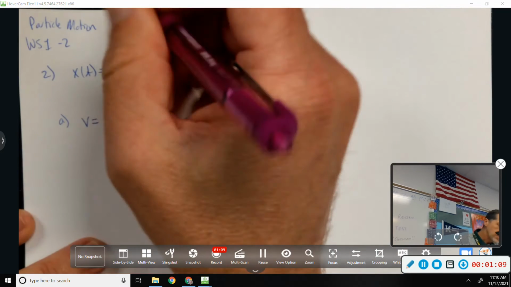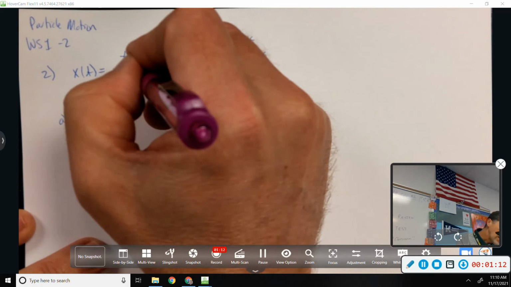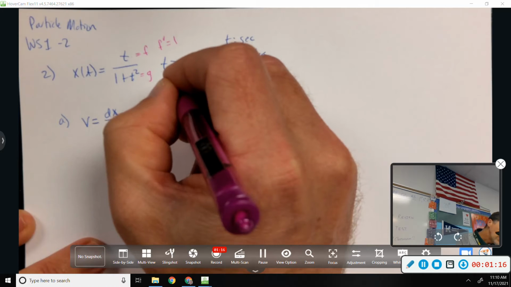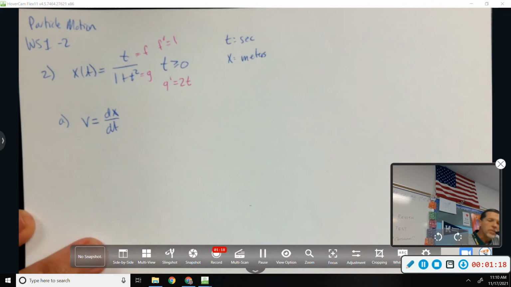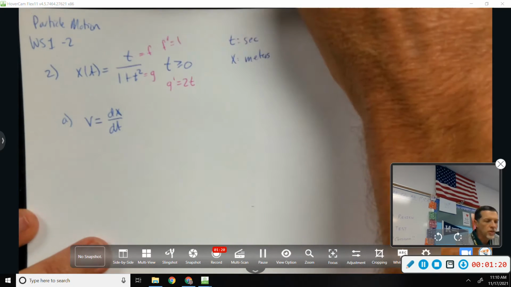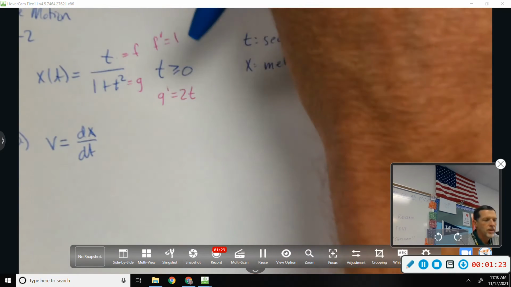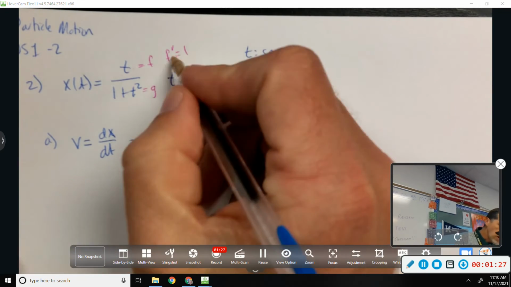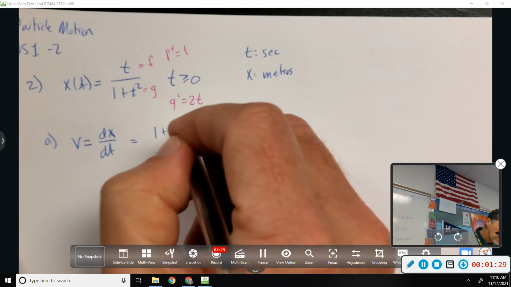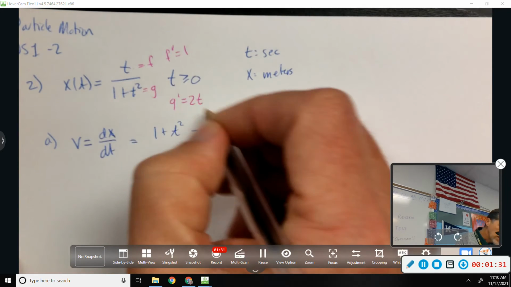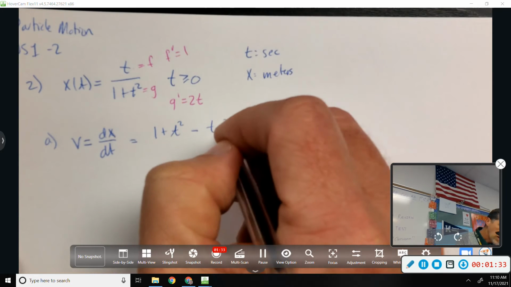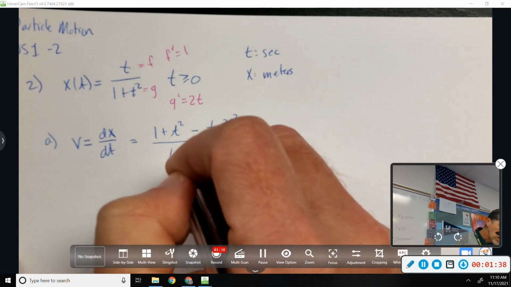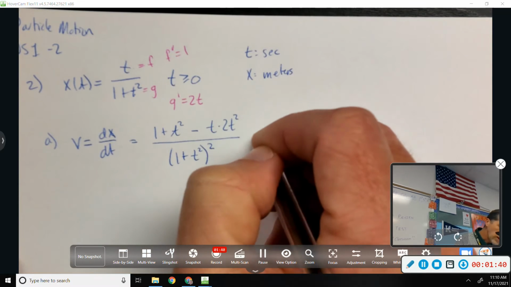So, quotient rule, f prime is 1, g prime is 2t. So that's not terrible as far as quotient rules go, I guess. So g f prime minus f g prime all over g squared.